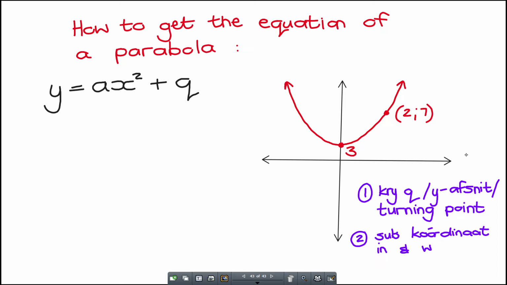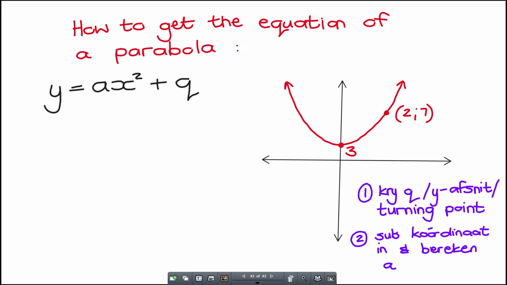En bereken. Okay, so those are basically my two steps that we're going to use.